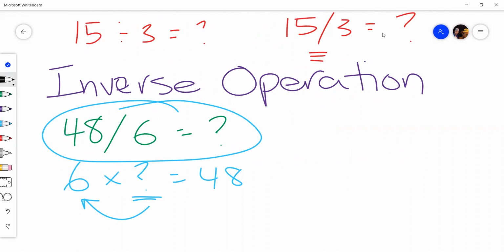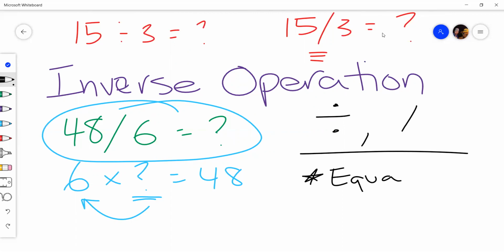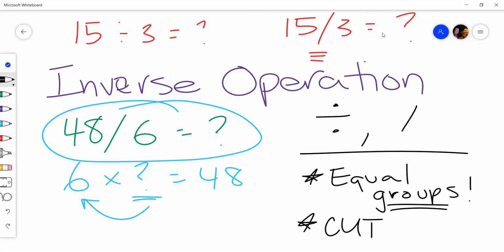So a couple of things to keep in mind when we're talking about this idea of division, we are talking about equal groups. It's just like multiplication. It is very important that we want to try to create equal groups. So that's one thing right there, grouping, and that is the concept. To divide means to partition or cut or put into parts.